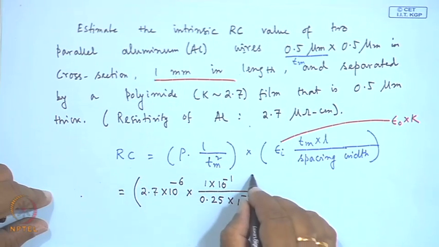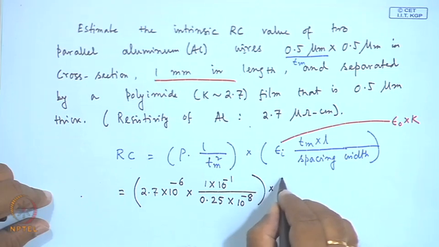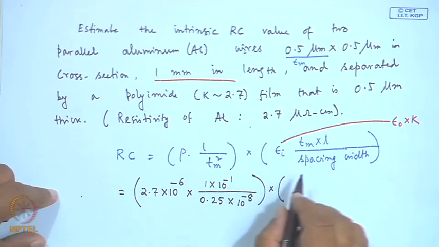So, that is the value of R in CGS unit. Then epsilon r is k into epsilon 0. What is k?